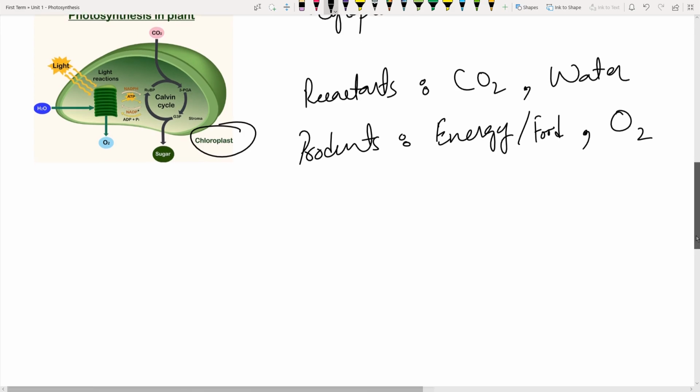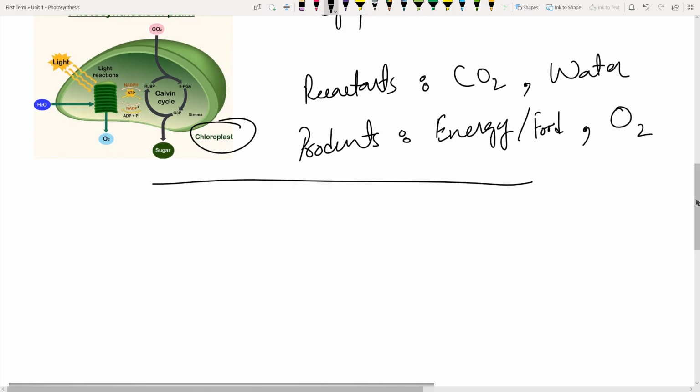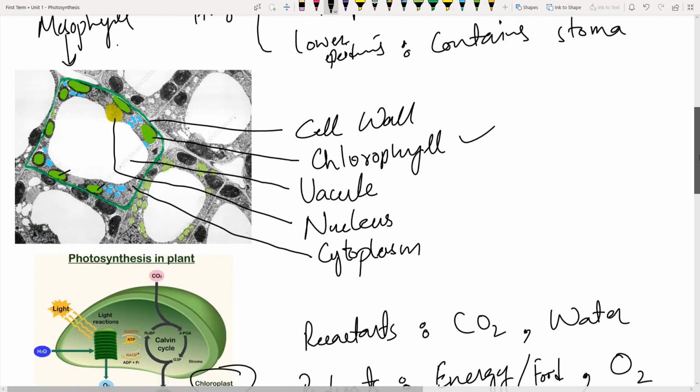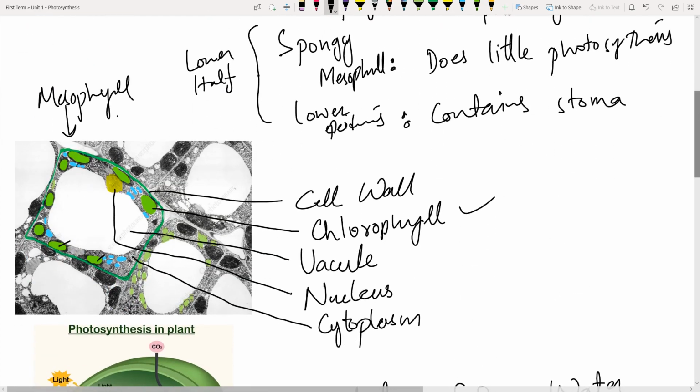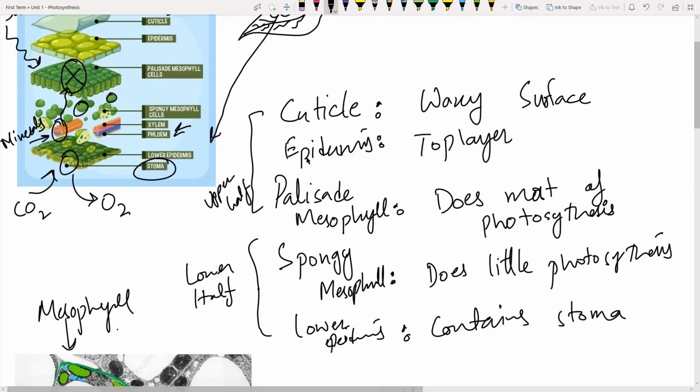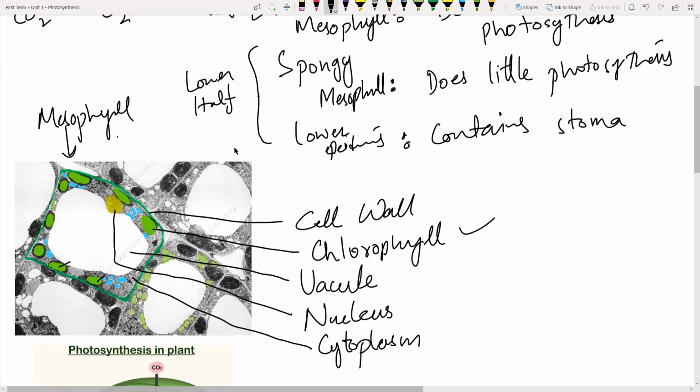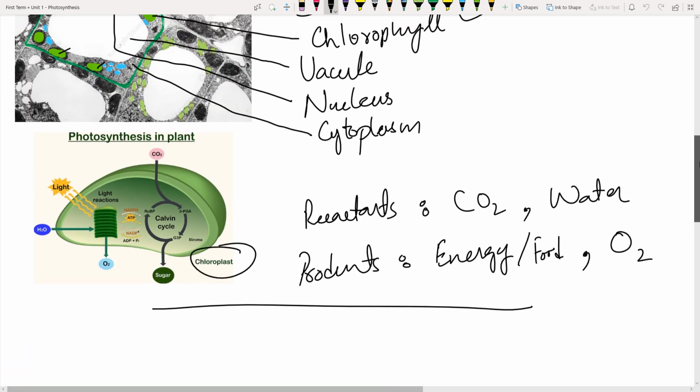So this is how photosynthesis is taking place inside these mesophyll cells. This whole image is a tiny magnification of the palisade mesophyll cells that we see over here, in which we have these green chloroplasts filled with chlorophyll, and the chlorophyll is responsible for doing the photosynthesis.